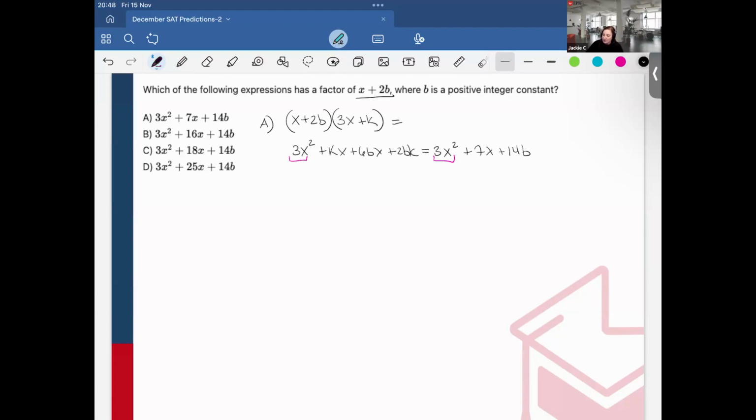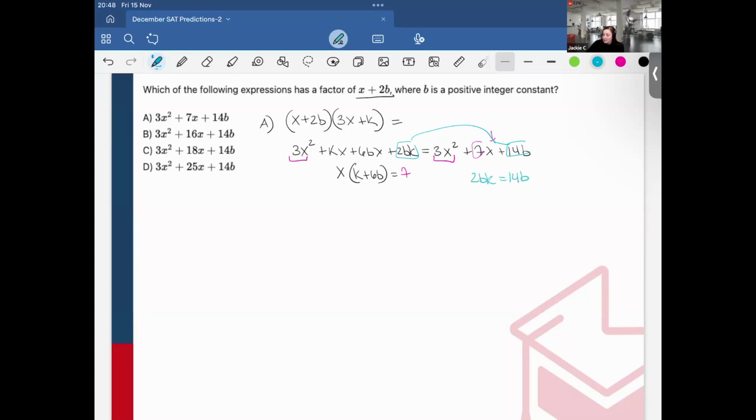Also here, I can factor out the x, so x times (k plus 6b). In this case, this would be equal to 7, using the coefficients in front. And then I would have 2bk is equal to 14b.